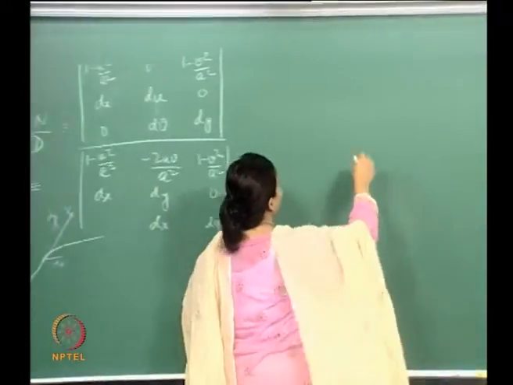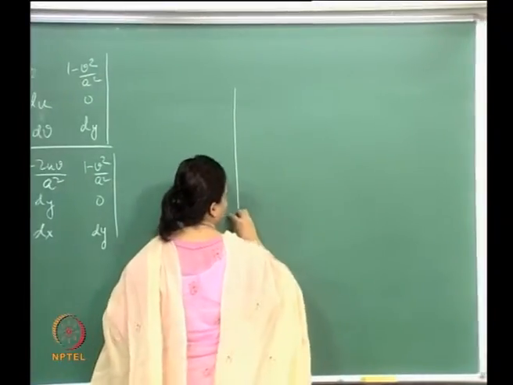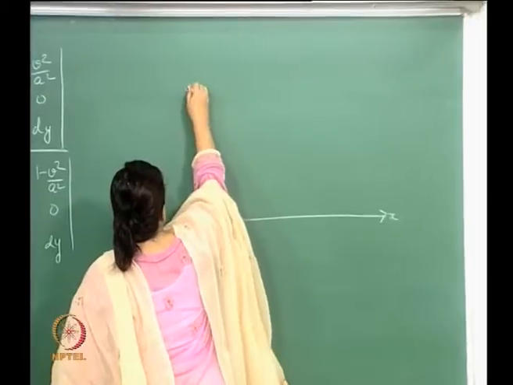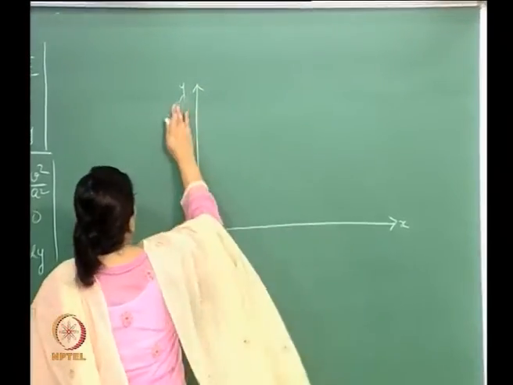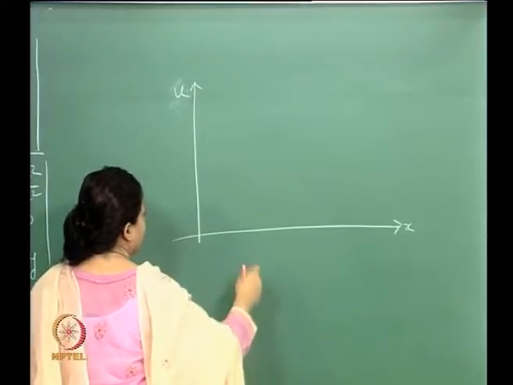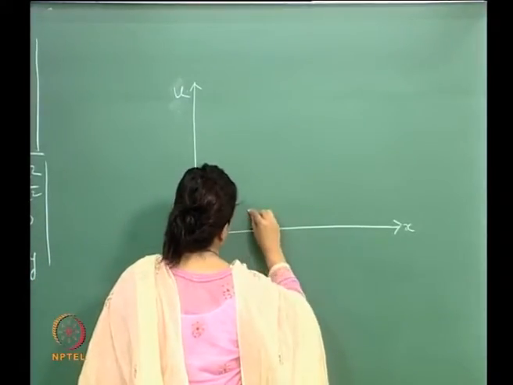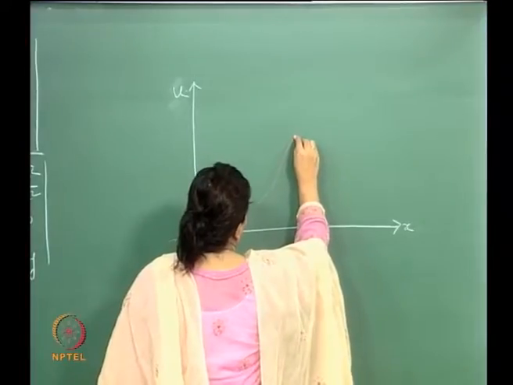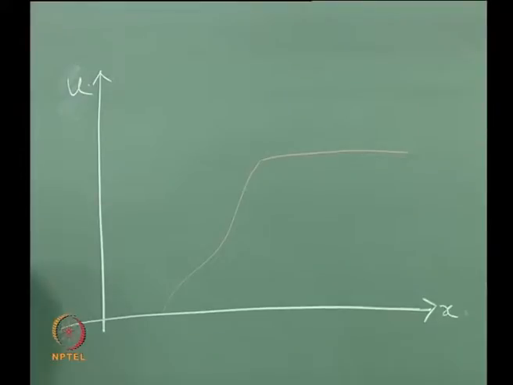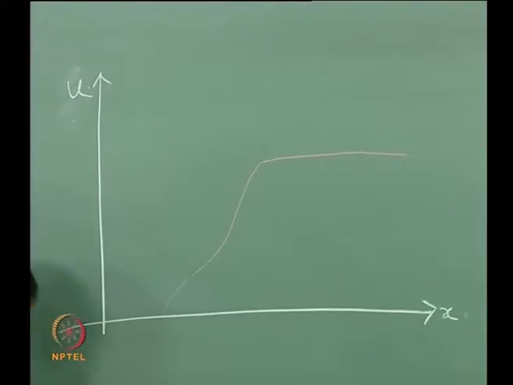Now, for example, let us say this is the velocity u. Say this is varying something like this. I have just taken something in an arbitrary fashion.